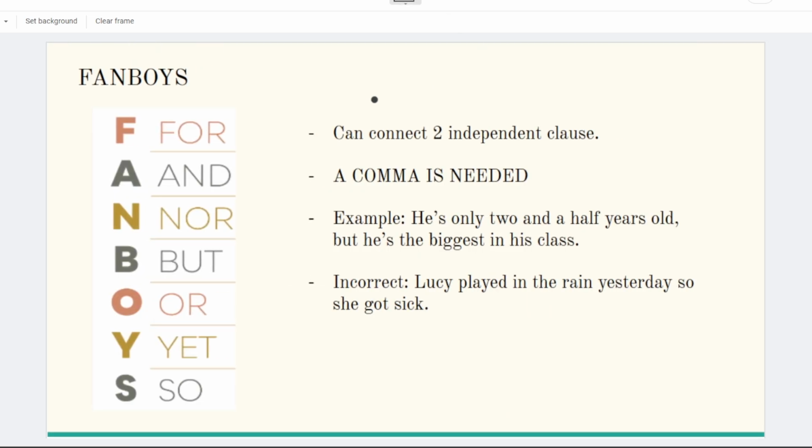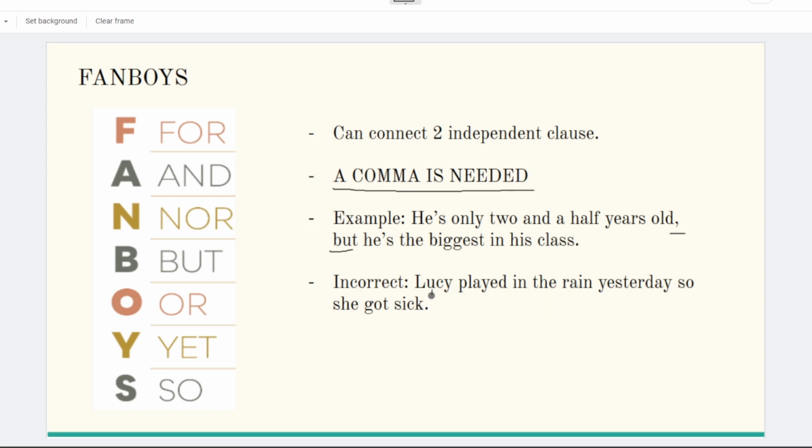Let's move on to FANBOYS. FANBOYS can connect two independent clauses, but a comma is needed. For example, he's only 2.5 years old, comma, but, which is part of FANBOYS. You need to remember this. So here we have a comma and then one of the FANBOYS. Another one we have, this one's incorrect. Lucy played in the rain, so she got sick.